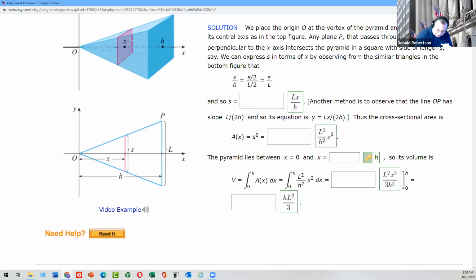Around the x-axis, the volume will be the integral from a to b, pi, essentially, it's the area just between two curves, right? And it's the x-axis. So that's going to be f of x squared take away g of x squared dx. And that's going to work when you're rotating about the x-axis.